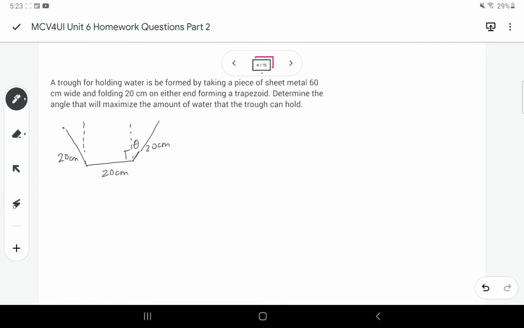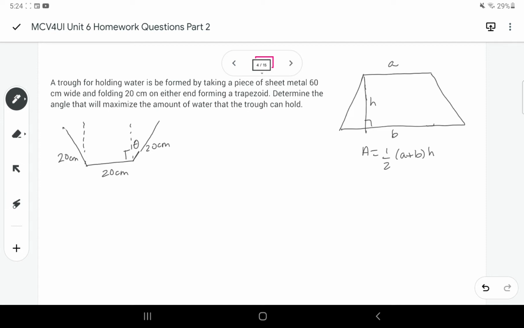So remember that the area of a trapezoid is, if that's A on top and B on the bottom, and the height goes down perpendicular, 1/2 A plus B times H. This is what we want to maximize, because however long the trough is, the amount of water it can hold is related to the area of this end times the length, and the length is going to be standard anyway.